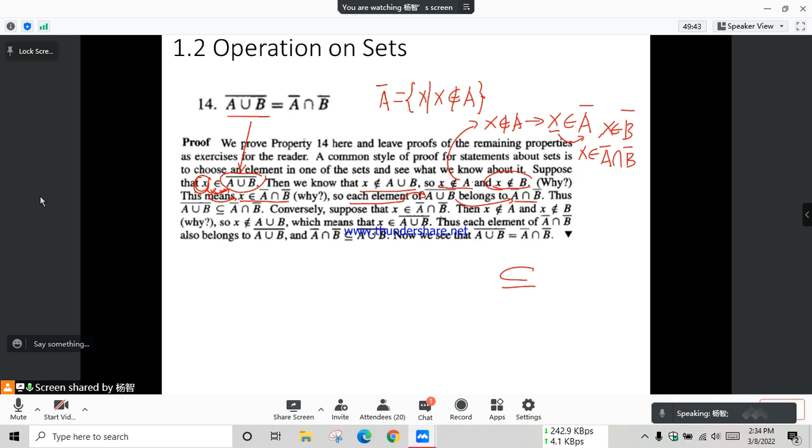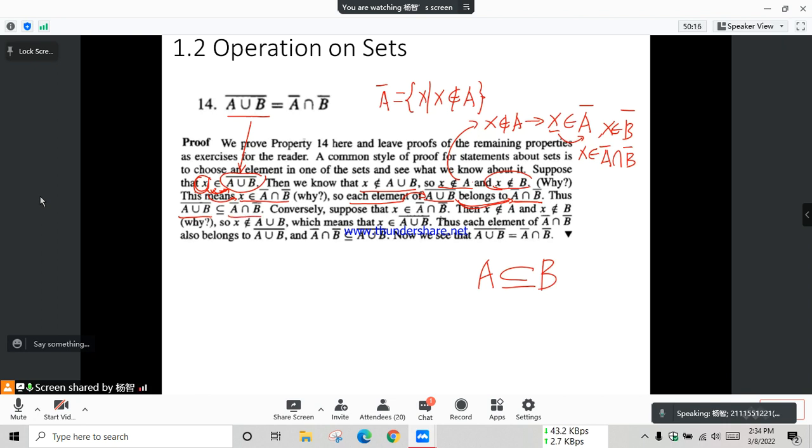If the element in A belongs to A, then belongs to B, then we have the set B is containing set A, or the set A is a subset of set B. So if an element belongs to this set, then belongs to this set, we can say the left set is a subset of the right set.